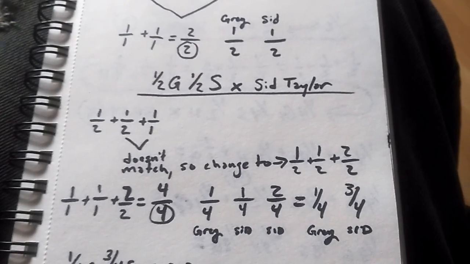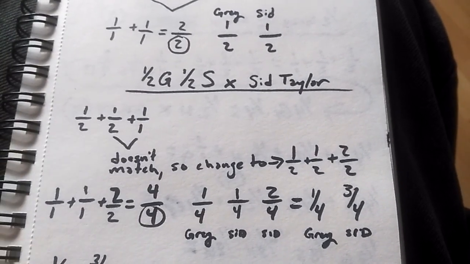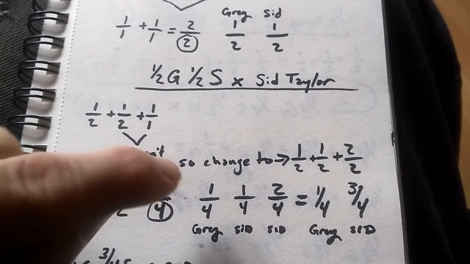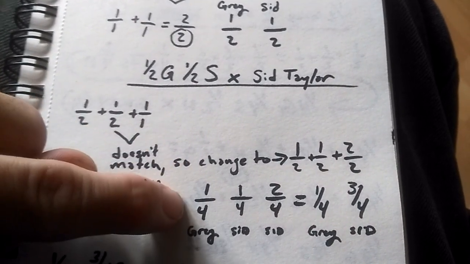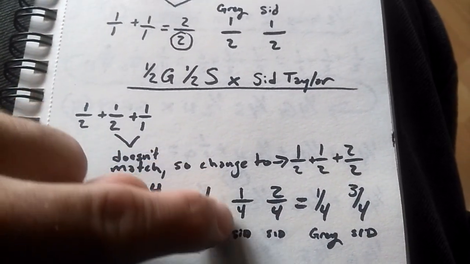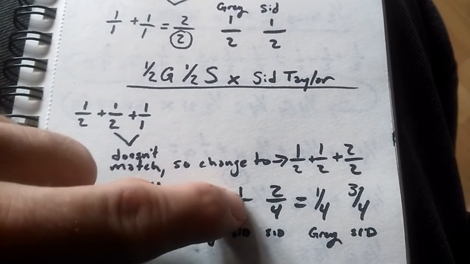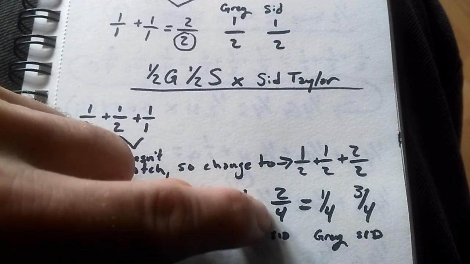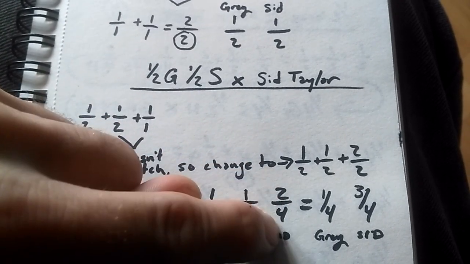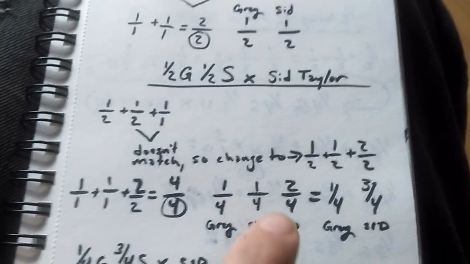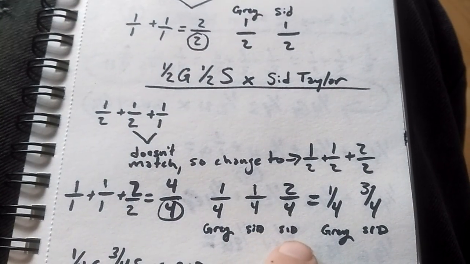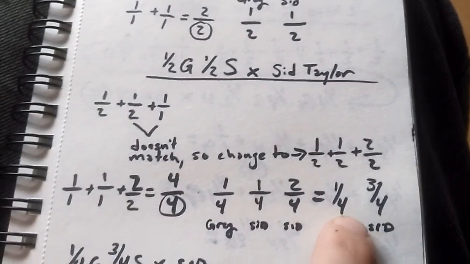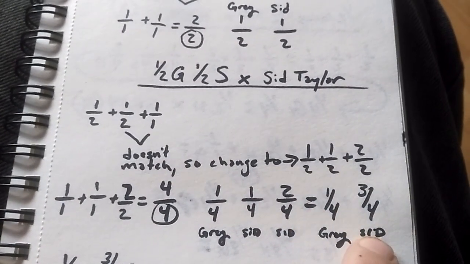Okay, so now what we've produced is a bird that is a quarter gray, quarter Sid, so that's the dad, and then the mom's side is now 2 over 4 on Sid. So you're going to add these two Sids together here, and your resulting offspring is a quarter gray, 3/4 Sid.